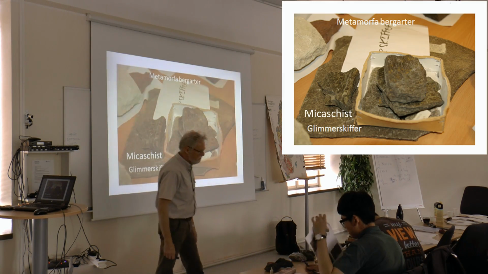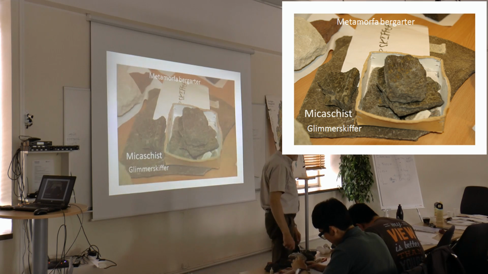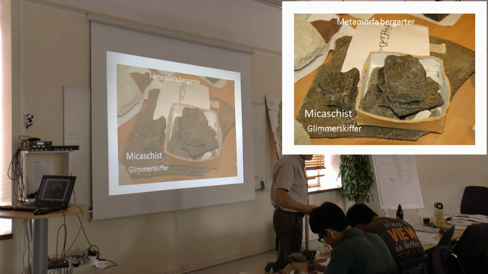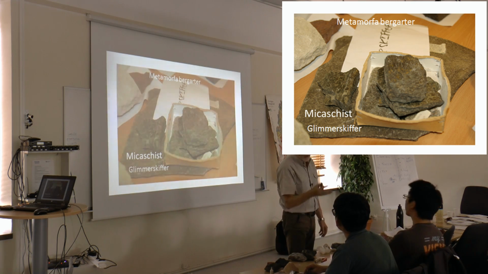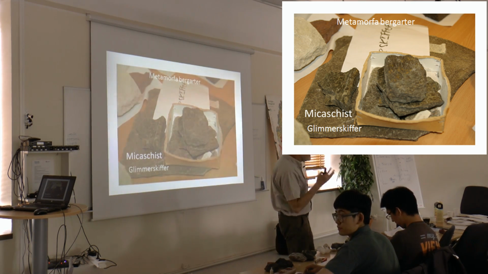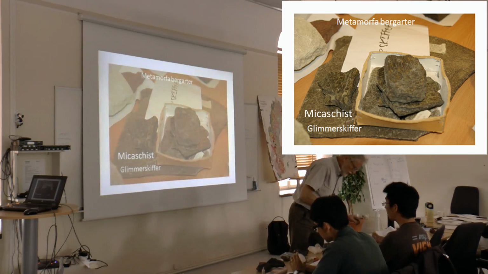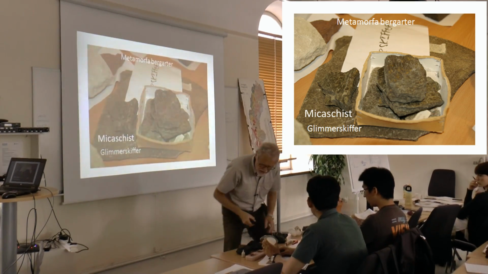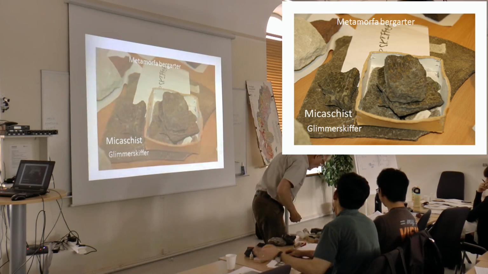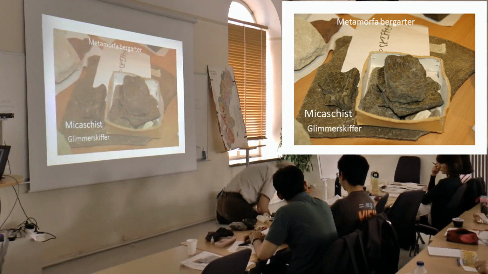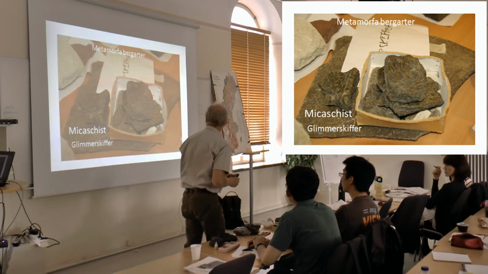Mica schist. This is if you have some claystone, this clay will turn into micas, and then we will have this mica schist. I saw that it was not a good picture, but I have a mica schist.